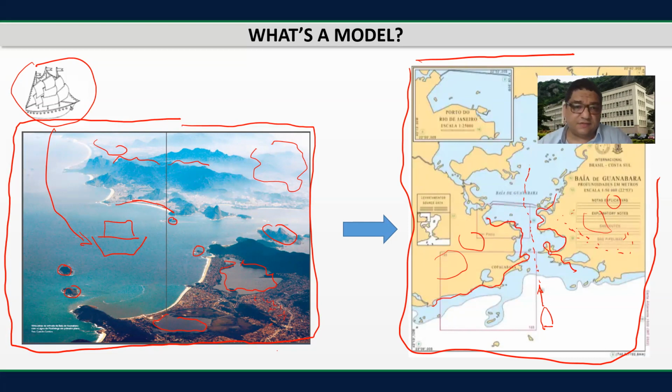So here, the first one, I can consider, more or less, that here we have the reality, but reality is too complex. So I can simplify the reality and I can make a model.